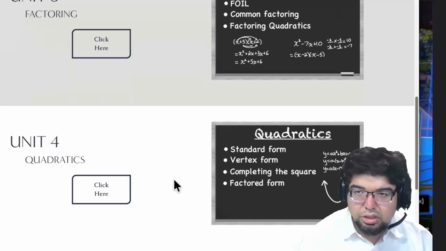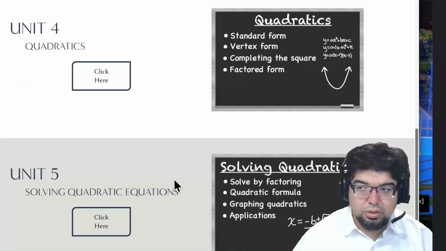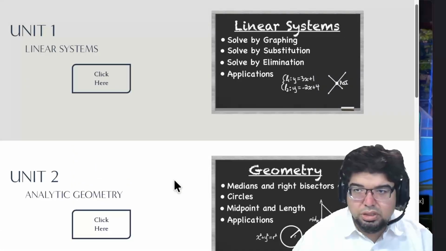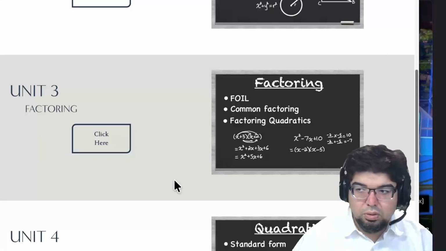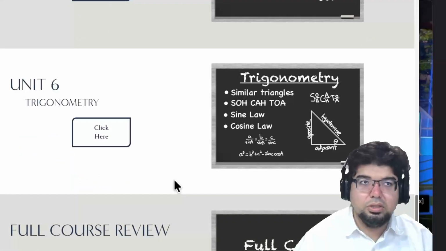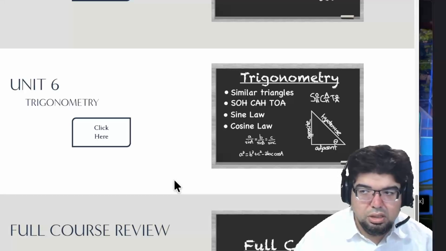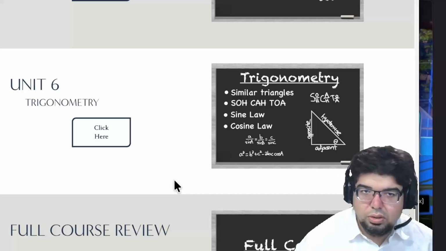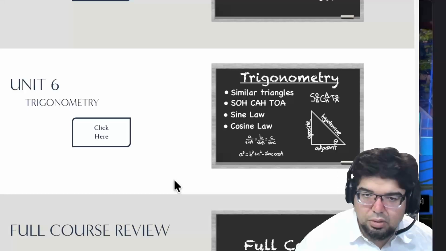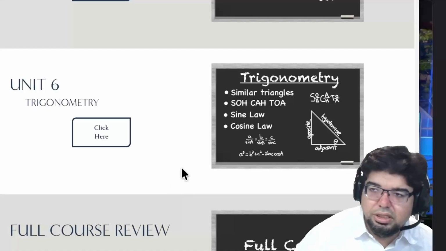Units 3, 4, and 5 are your main units, like the core of it. Unit 1 is just a recap of grade 9 almost. And then unit 6 is so easy. It's almost like you get to boost your mark. So pretty much most of my students get like 100%, or something close to that, when I teach them trig.